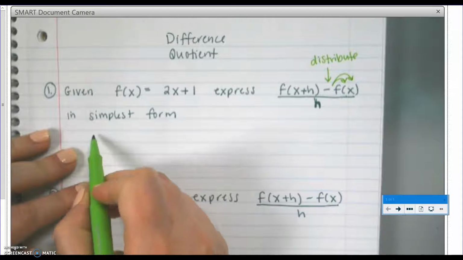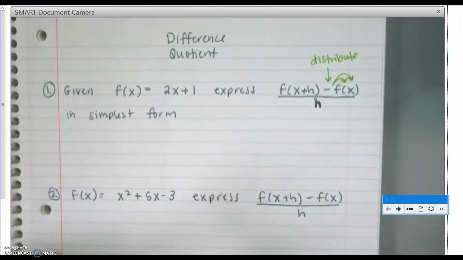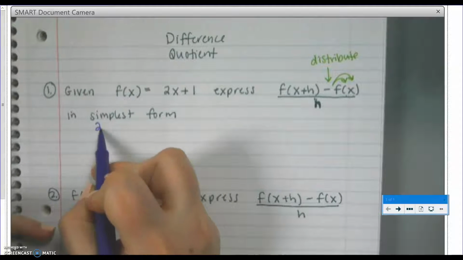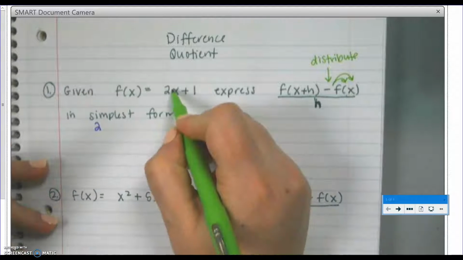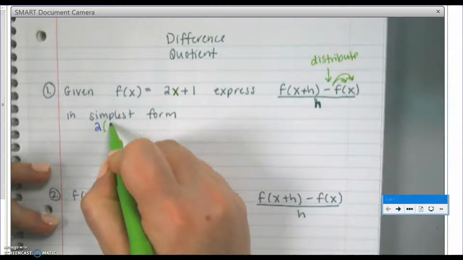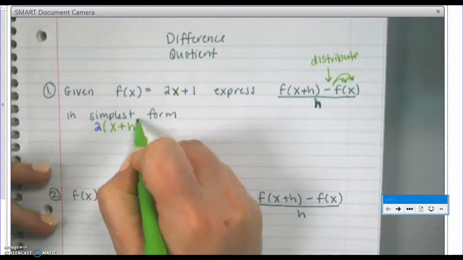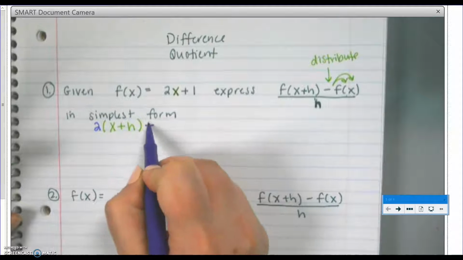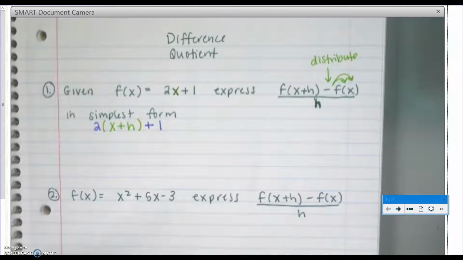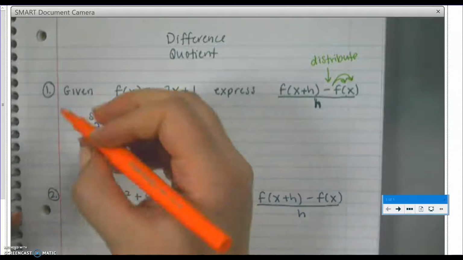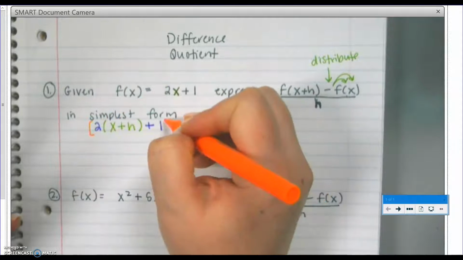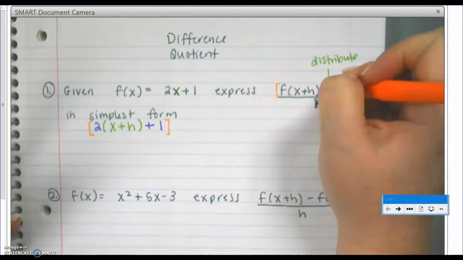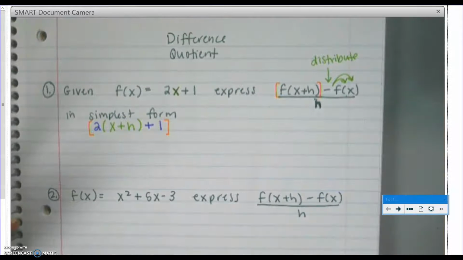So f of x plus h is 2, but instead of x, I'm going to replace that with x plus h. And then the rest of the function is plus 1. I'm just going to put a bracket around it so you can see. But that right there is f of x plus h. I've replaced the x with x plus h.